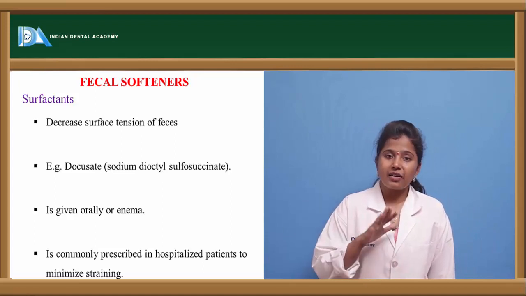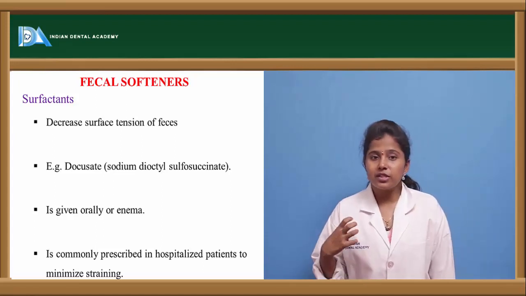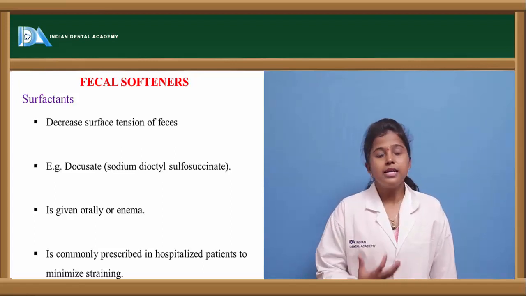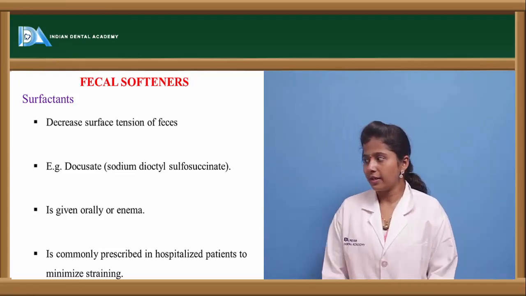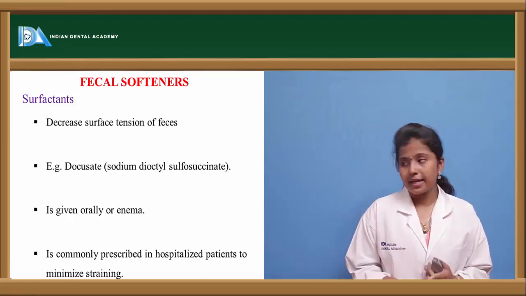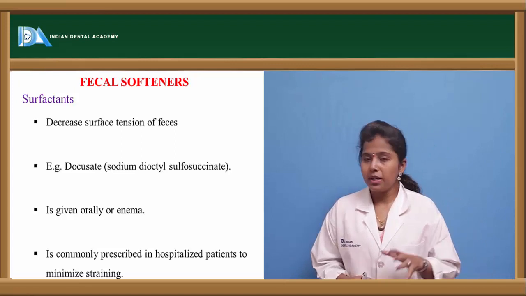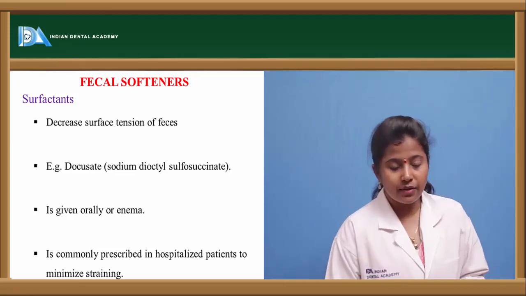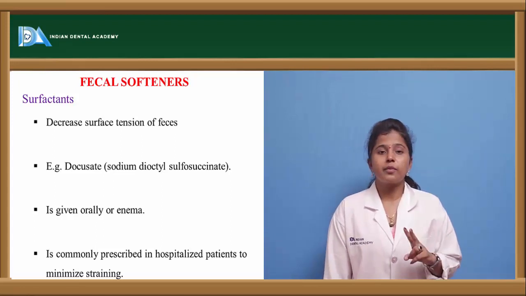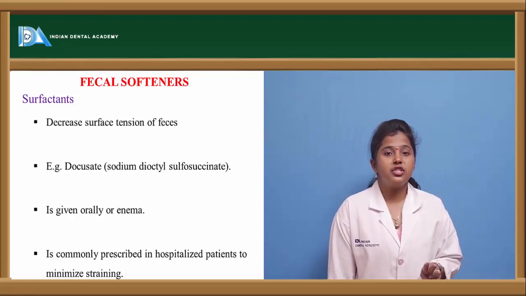It decreases the surface tension in the feces. When the surface tension in the feces is decreased, it can be eliminated from the body easily. These fecal softeners are given either orally or rectally, and rectally they are given mainly in emergency conditions, or if a person is hospitalized, or in surgery conditions.